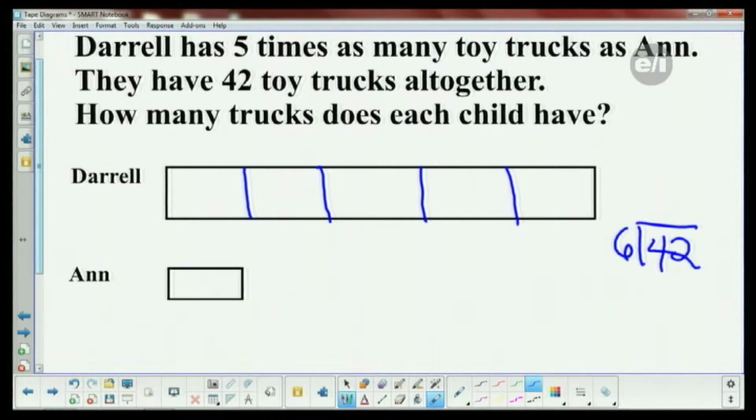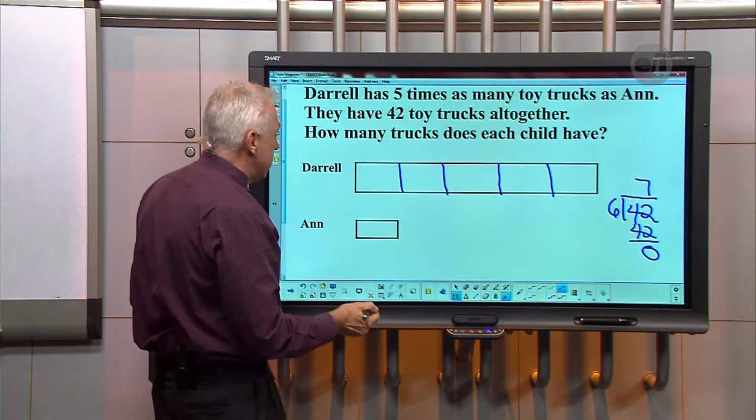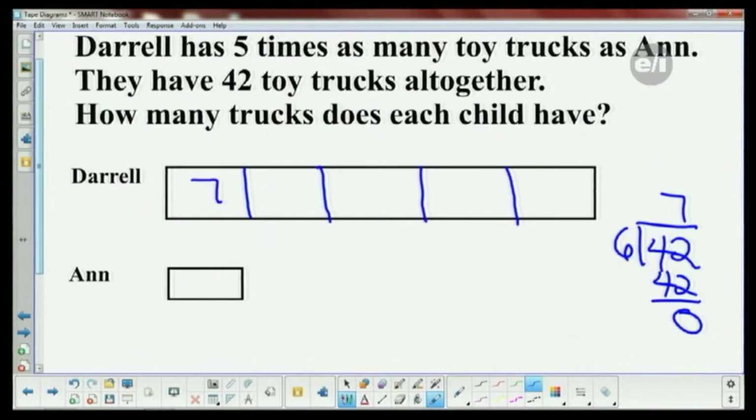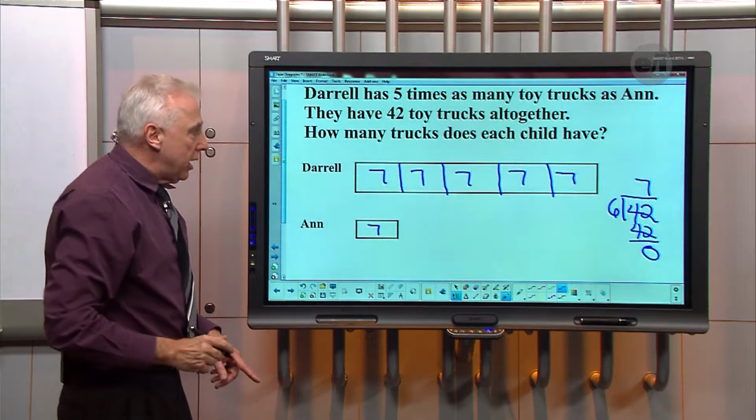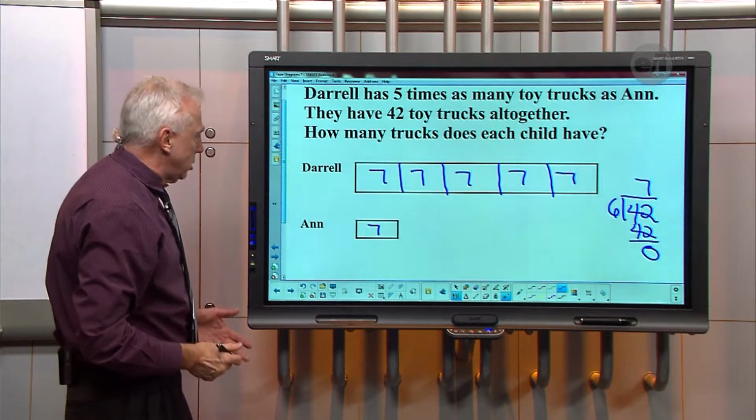Okay, well, if we know our times tables, 6 goes into 42 7 times. No remainder. Always nice to have no remainder with certain math problems. So that means in each segment of these tape diagrams, we will put a 7. Now to figure out the total number of trucks is simple now.